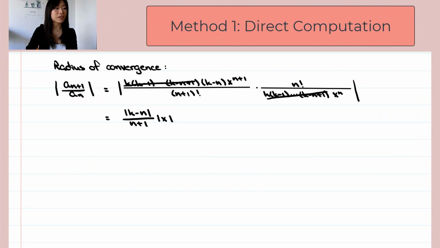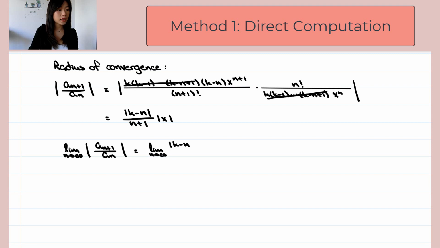Then let's take the limit of this ratio. The limit as n approaches infinity of the absolute of a_(n+1) divided by a_n, which is the limit as n approaches infinity of the absolute of (k minus n) divided by (n plus 1), then times the absolute of x.